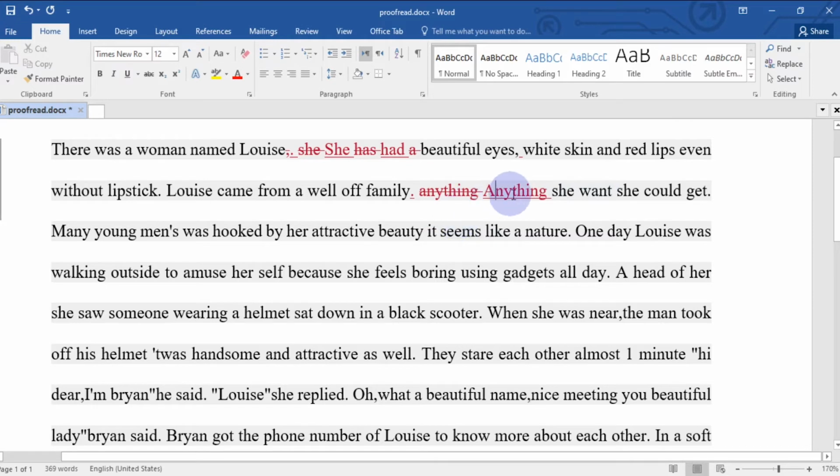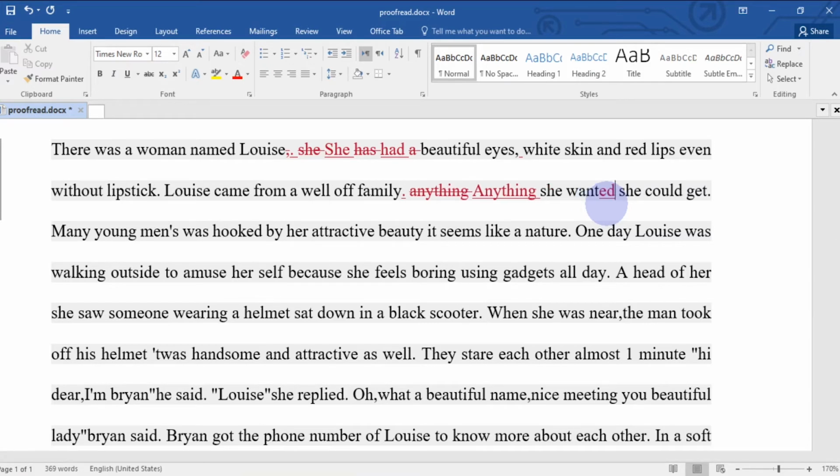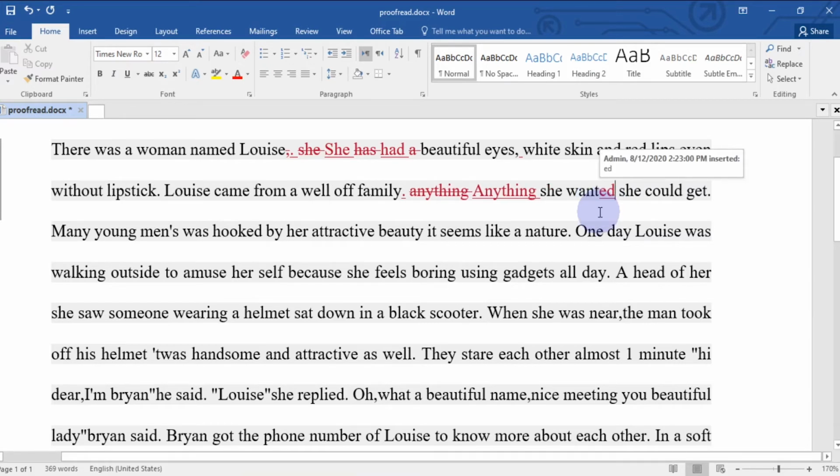Now, anything she want, she could get. Here again, the first verb should be in its past simple form, which is wanted. So we add an ed right here in order to indicate the past simple tense. Okay, next. Many young men was hooked by her attractive beauty.